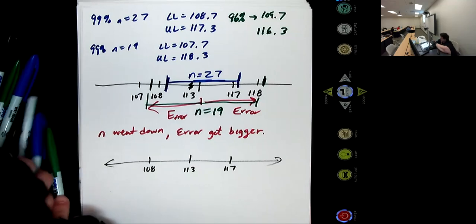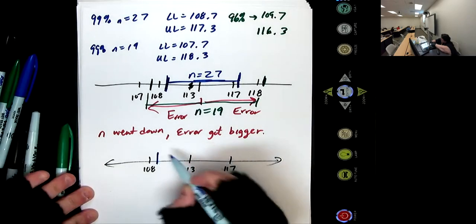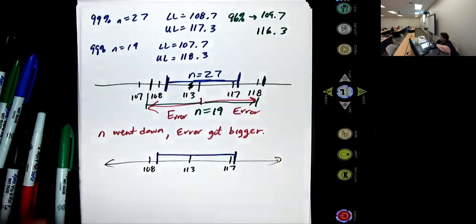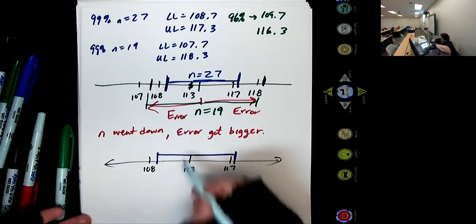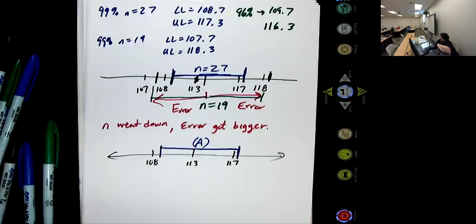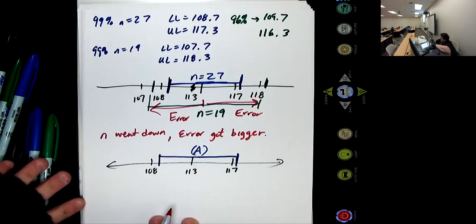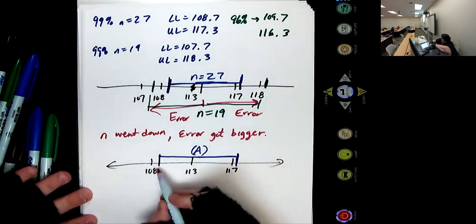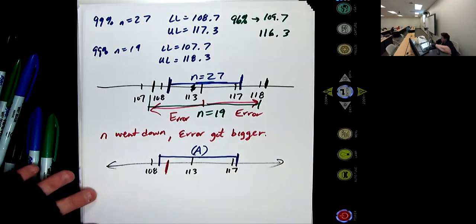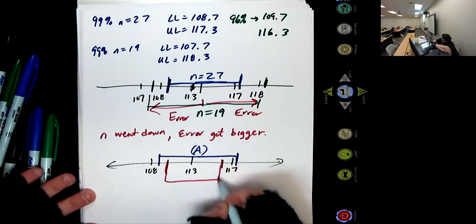The n equals 27, or the 99%, was going from like here to here. That was the part A value. Part C value is going from 109.7, which is higher than 108.7, and 116.3 is below 117. So this was my thing for part C.